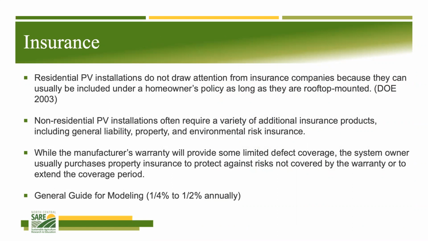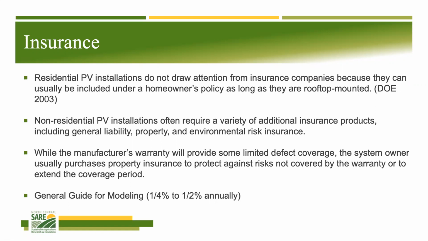Insurance, I don't know that we need to spend a ton of time on this slide, other than just to recognize it's something you need to investigate. If you get a quote, there is the potential to model for it. As a general guide, John and I have always kind of used 1/4 to 0.5% of the total project's cost annually. I was actually doing some modeling for a poultry farmer who was also an insurance agent, and he was looking at putting a project on his barns.